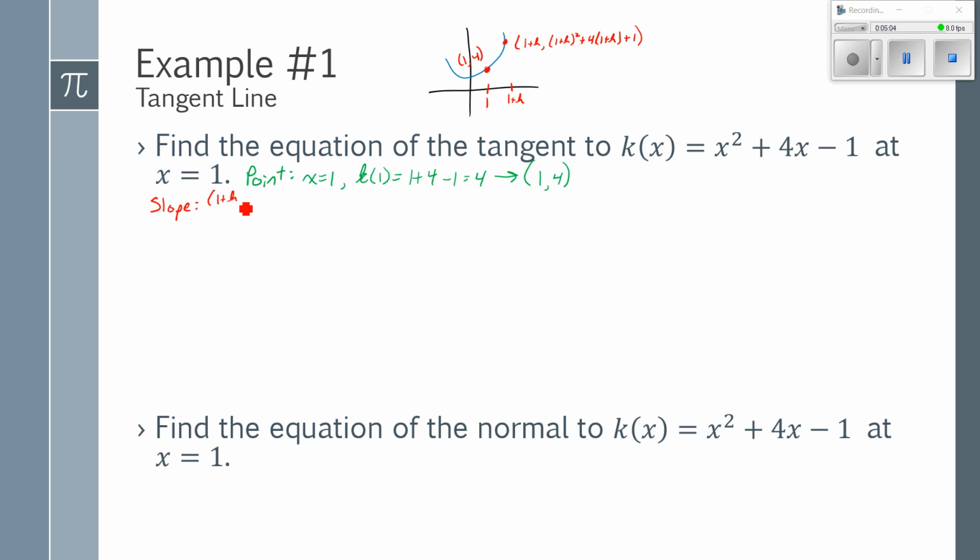So I have (1 plus h) squared plus 4 times (1 plus h) minus 1, minus the 4 from the other point, over the 1 plus h minus the 1 from the other point. And then I can do some simplifying. So we've got 1 plus 2h plus h squared, just multiplying everything out here so that I can then start combining like terms.